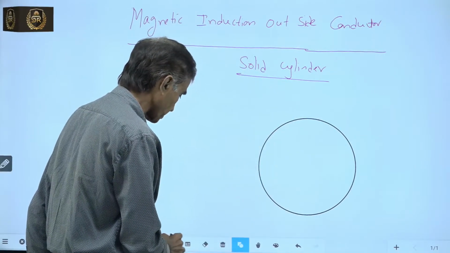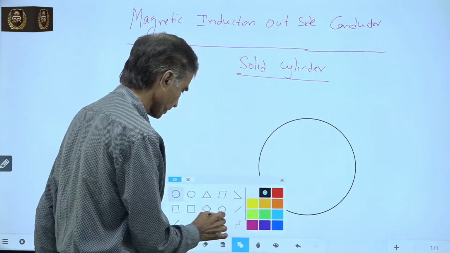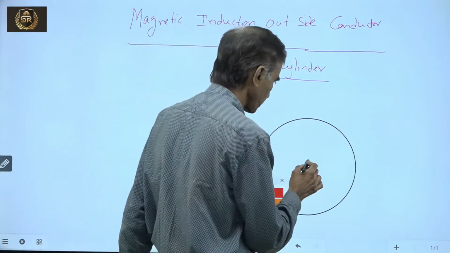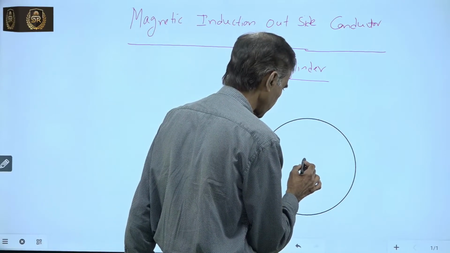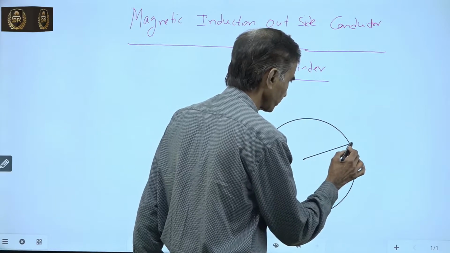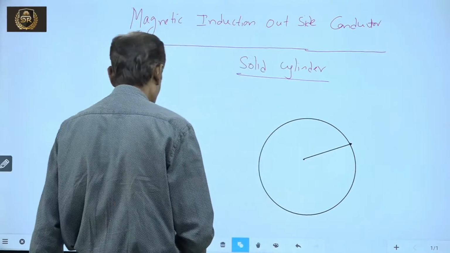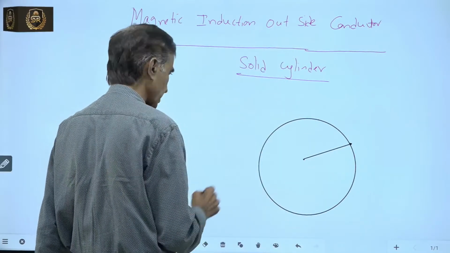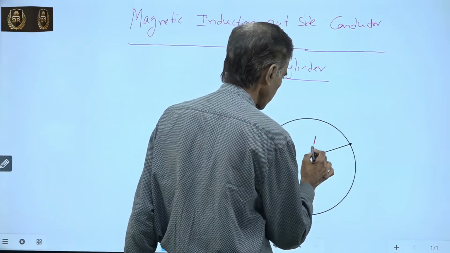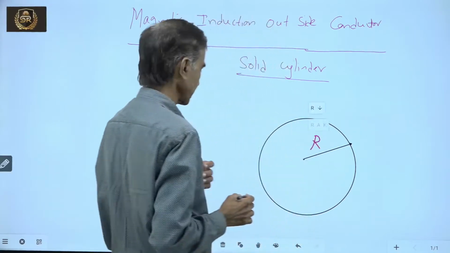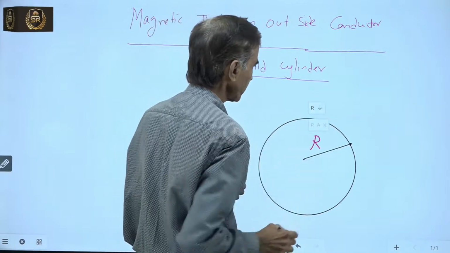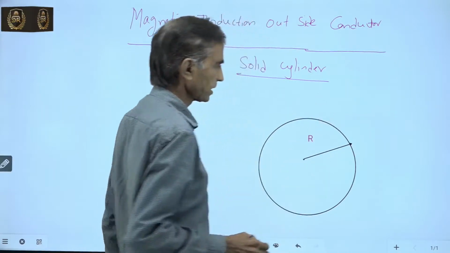Suppose its radius is R. R is the radius of the conductor.